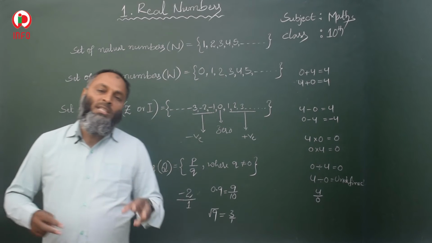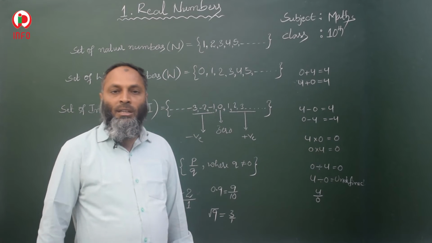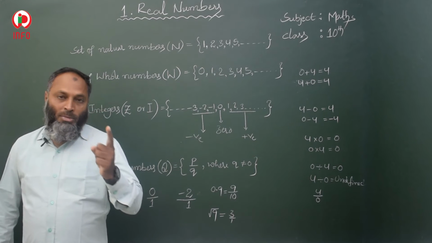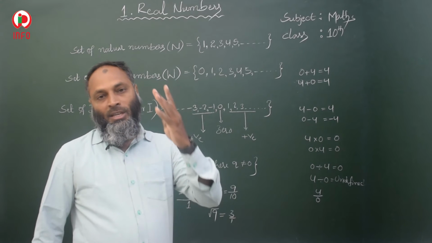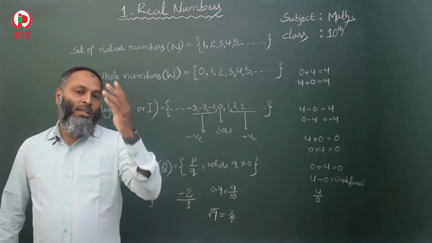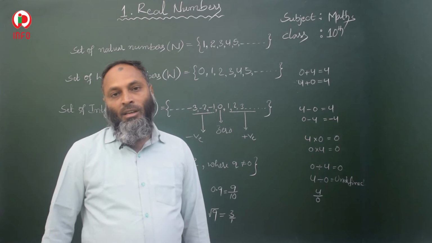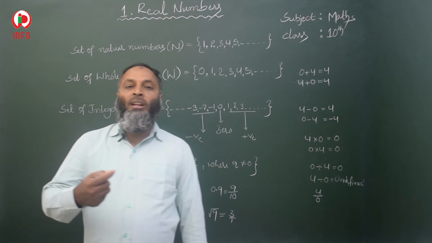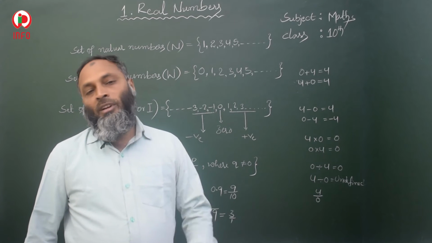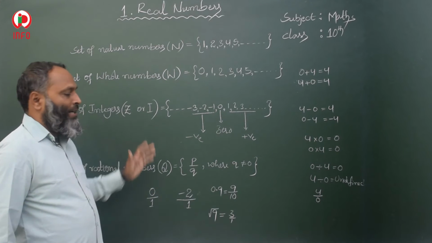In square roots, the numbers which have perfect square root values are rational numbers. So all these numbers are rational numbers.